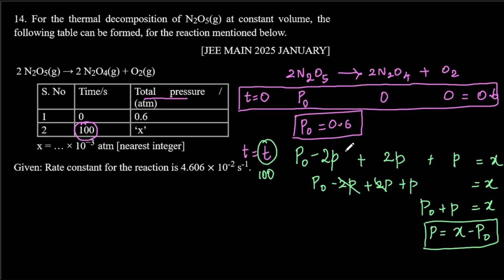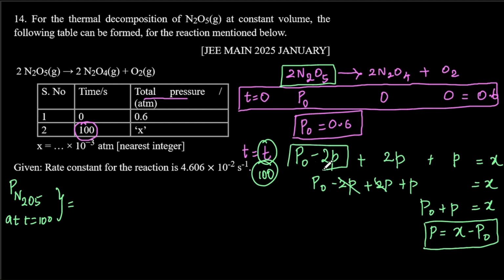Now we found the small p value, no? So what will be the partial pressure of the reactant at time 100? How will you find that? Partial pressure of the reactant N2O5 at t equal to 100. We already wrote the equation P naught minus 2p. So we just substitute the value of small p.